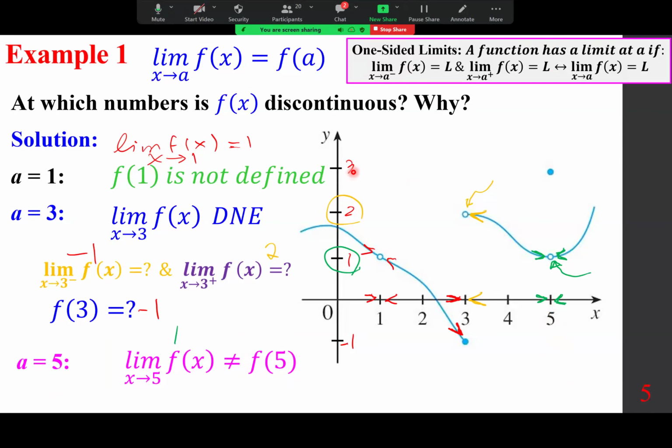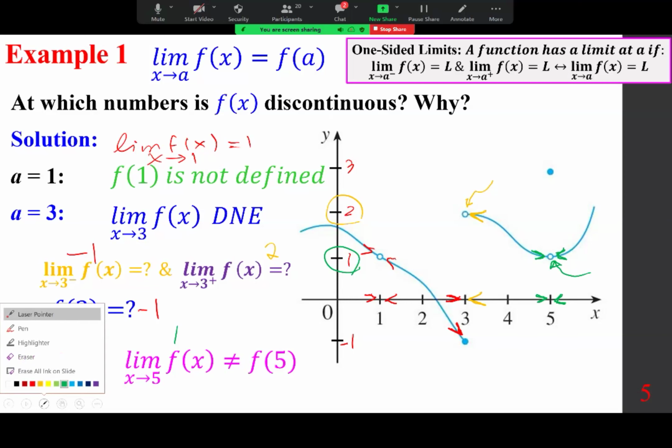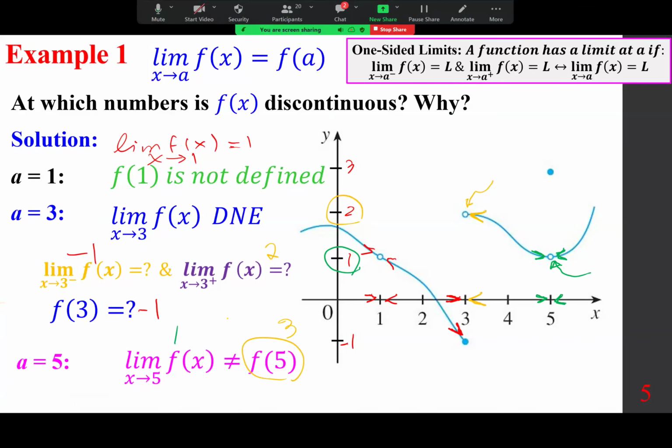What is the y coordinate of the solid point? 3. So this is equal to 3. They are not equal. That means discontinuity. If you pay attention to this question, you get a lot of information about understanding the concept of a limit, functional value, and so on.